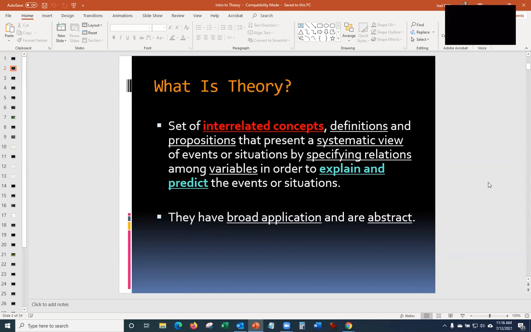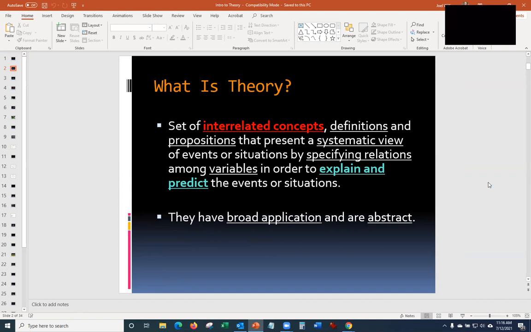So what is theory? A textbook definition would be that theory is a set of interrelated concepts. What we mean by this is definitions and propositions that present a systematic view of events or situations by specifying relations among variables.